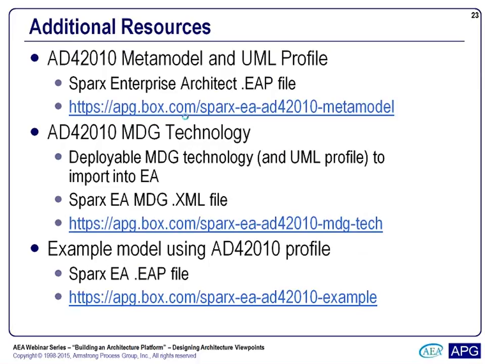And if you want to take a closer look at the model that we examined, that's also available for download. And if you don't have a license of Sparx Enterprise Architect handy, all of these things you could open up by downloading the trial version of Enterprise Architect off of Sparx's website.